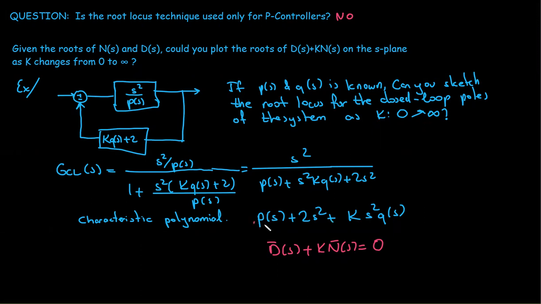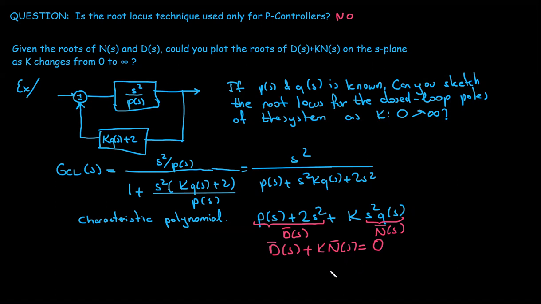Notice that I can define this term to be d bar of s, and this term to be m bar of s. Then I can write this equation as d bar of s plus k times m bar of s. Is that clear?